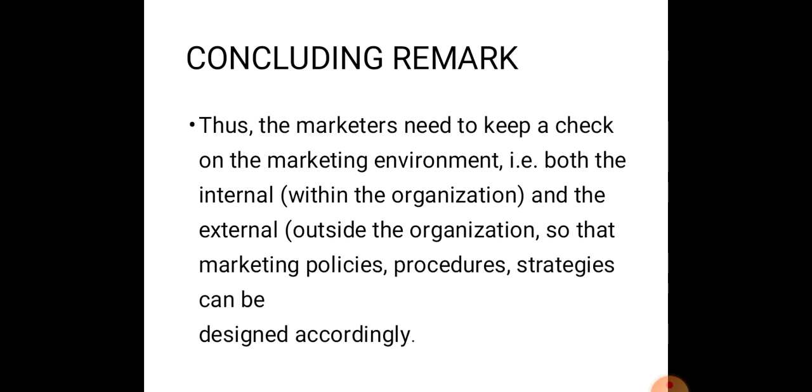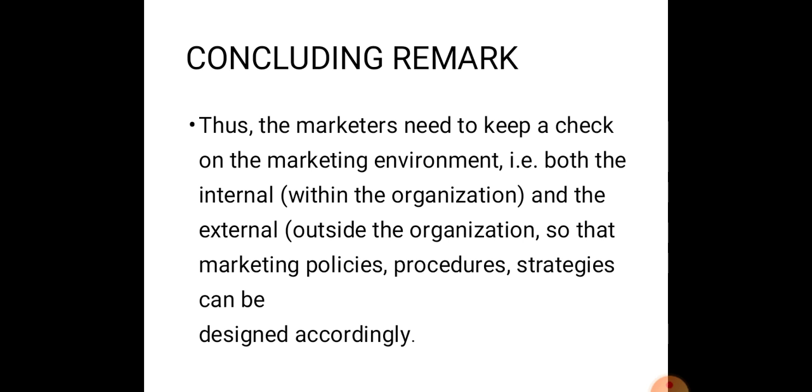So last but not the least, it's a concluding remark about the MIS. Thus, the marketers need to keep a check on the marketing environment, that is both the internal within the organization and the external outside the organization, so that marketing policies, procedures, strategies can be designed accordingly.